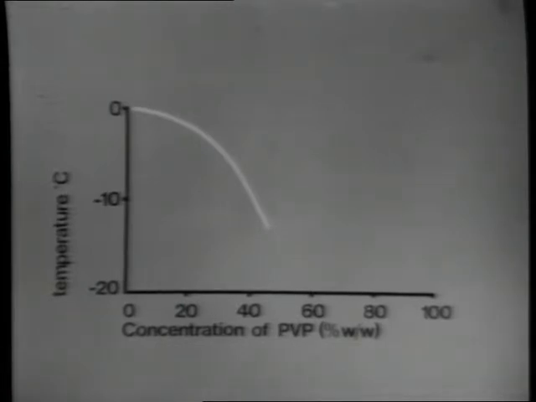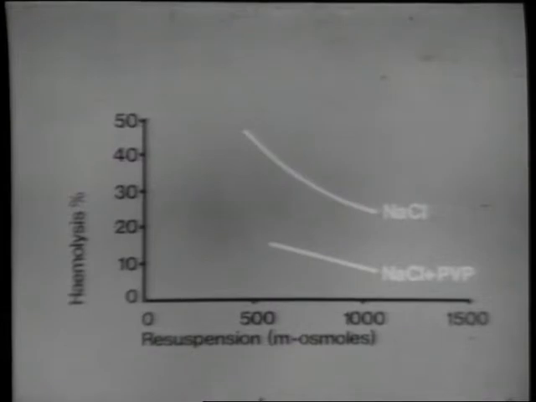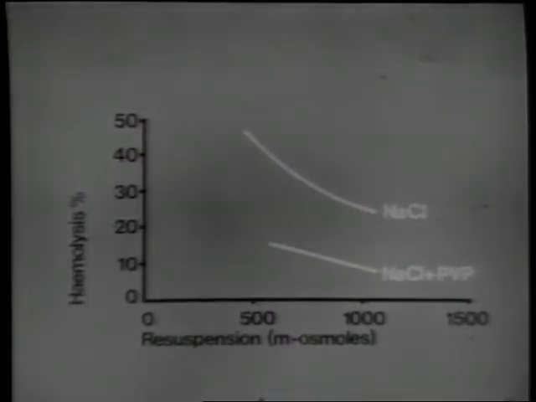There is, however, an additional factor with the polymers, and that is that when cells are thawed, they are, as I mentioned, relatively permeable to cations, and therefore the internal colloid is unopposed by external impermeable cation, and the cells tend to lyse.